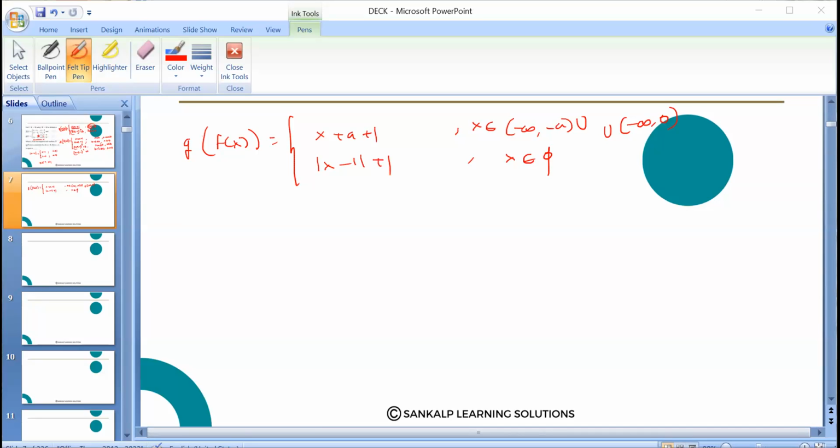Coming to the third one, x is greater than or equal to minus a, x is less than 0. For this, the piecewise function will be x plus a minus 1 whole square plus b as it is.